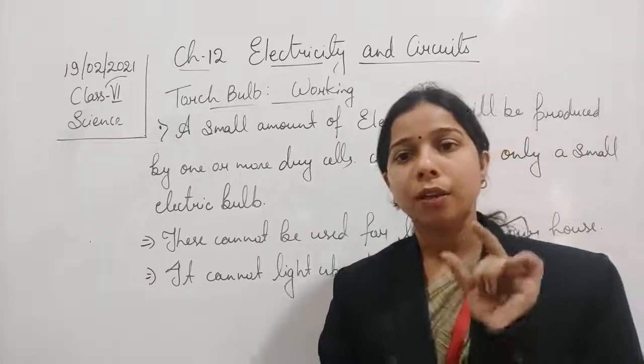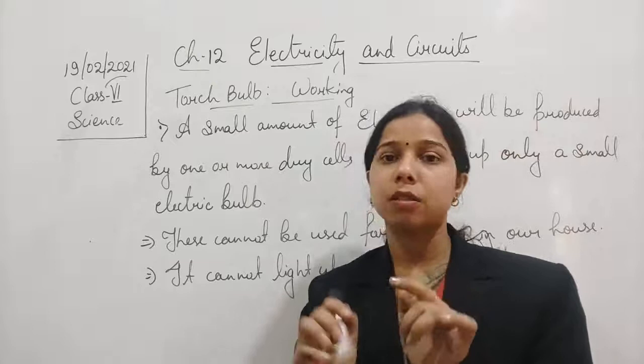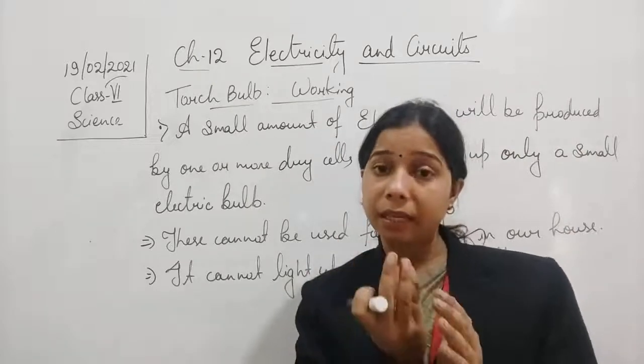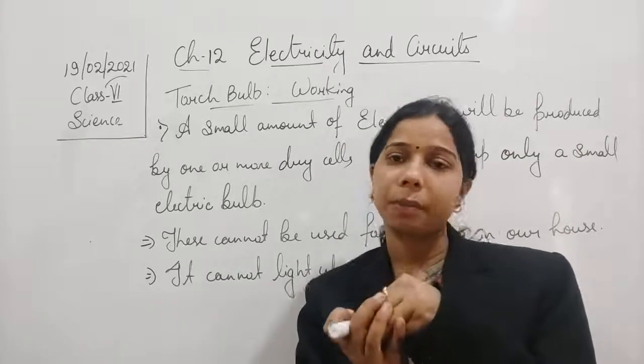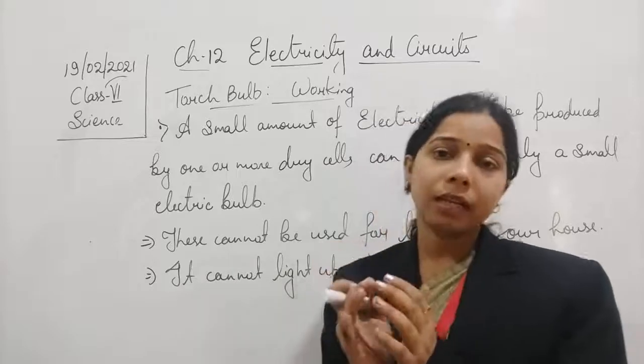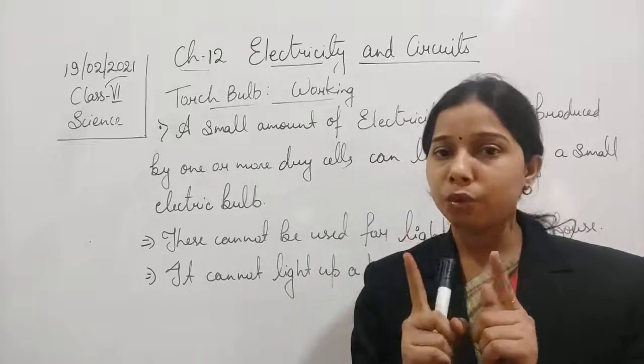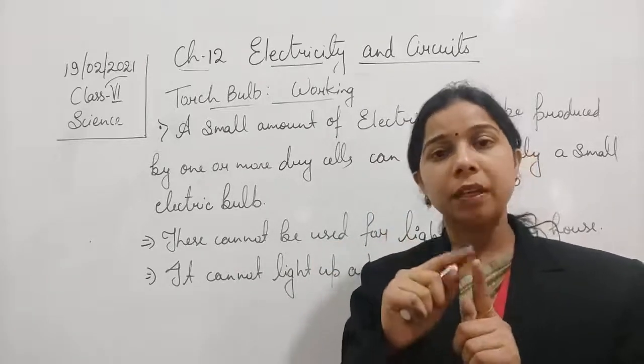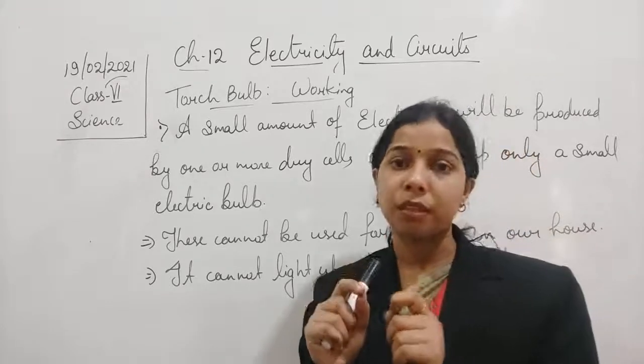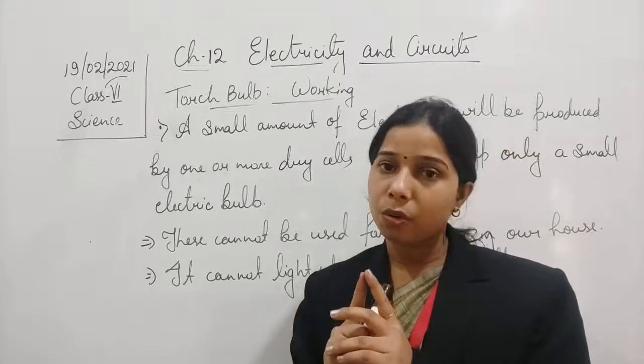Simple, students. A torch bulb consists of a glass bulb attached to a metal case. Inside the glass bulb there are two thick wires which help in connecting a very thin wire, called the filament.